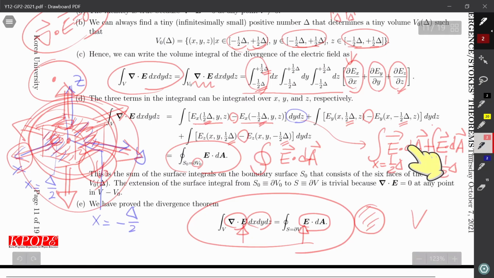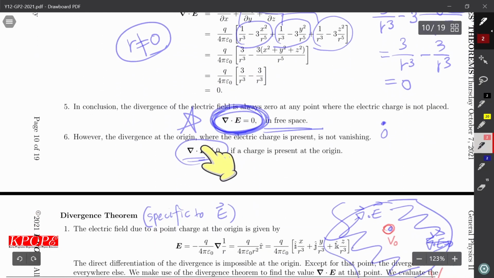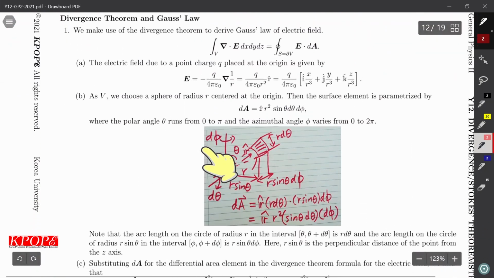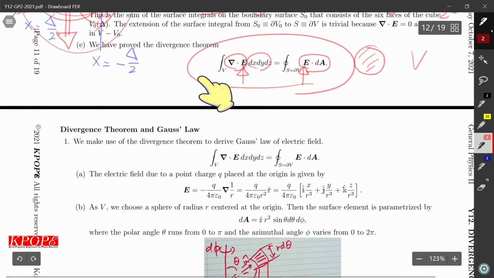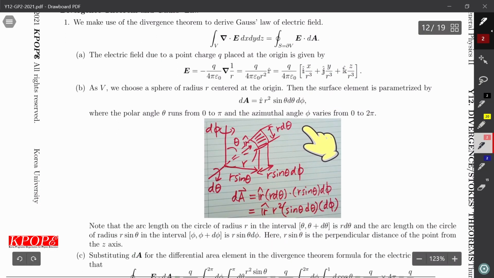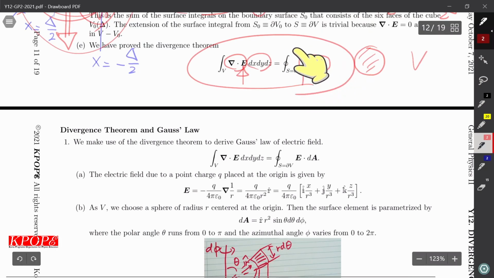So this proof is specific to the electric field that is satisfying the inverse square law, but in general, this is true for any vector field. So Gauss law is a straightforward consequence of this divergence theorem.